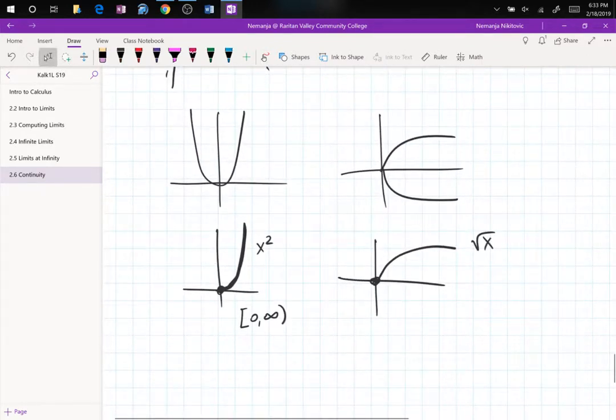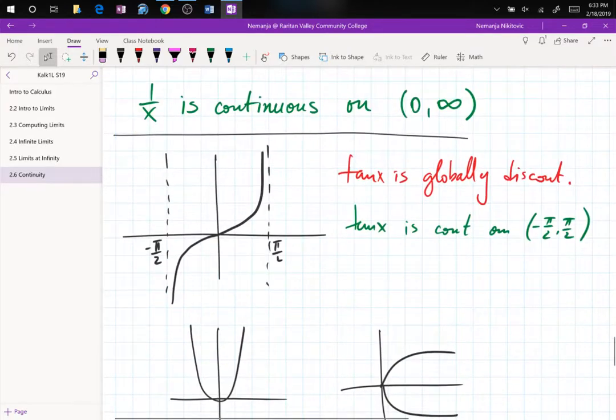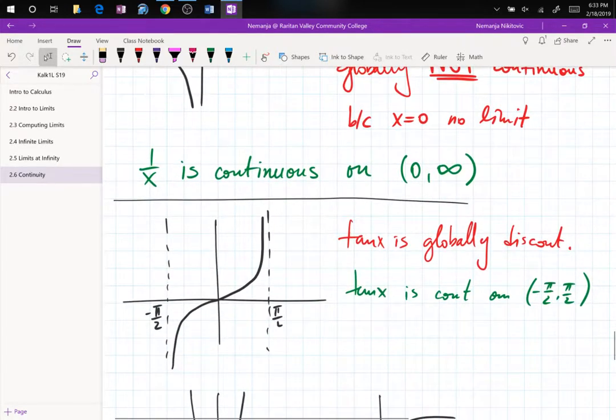Yes? I have a question about the tangent graph. Could you say that it's continuous on all points except x equals n pi over 2? Would that make sense? Well, it's piecewise continuous, so we have to exclude the asymptotes. So we would say it's continuous everywhere except that, and then we would write where all the asymptotes are.